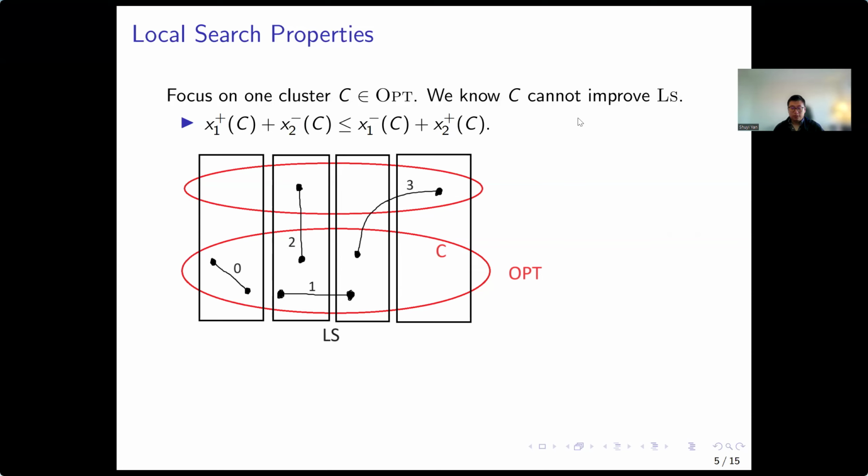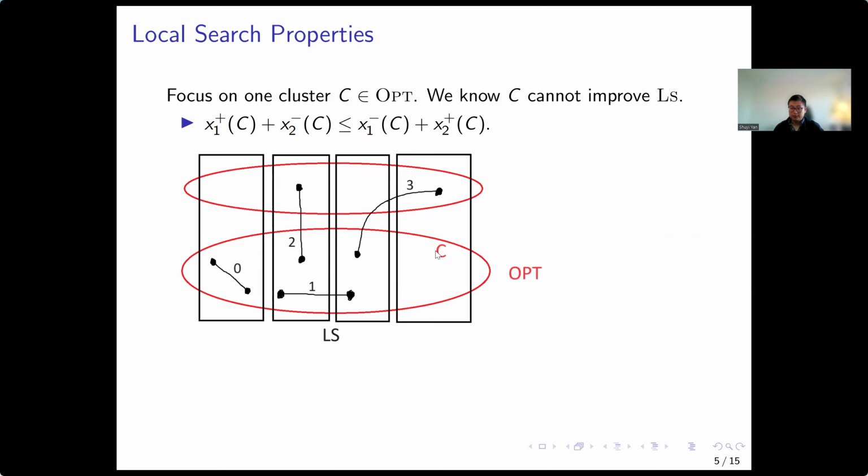Let's look at the improvement of C if we insert it. We'll find that type 0 and type 3 edges will not affect anything because if they are together in the old solution, then after inserting C, they are also together. But type 1 edges, in the old solution, are external edges.